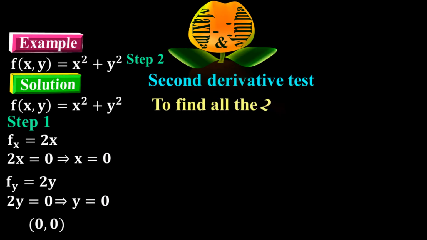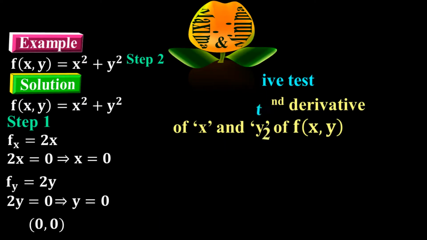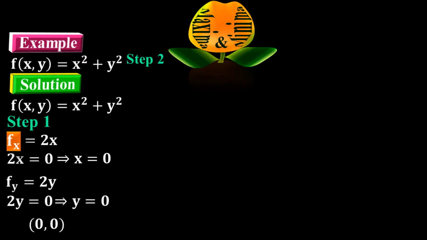Step 2. To find all the second derivatives of x and y for the function f(x, y). Take f sub x and differentiate it with respect to x first to get 2. If you differentiate f sub x equals 2x with respect to x, you will get 2.